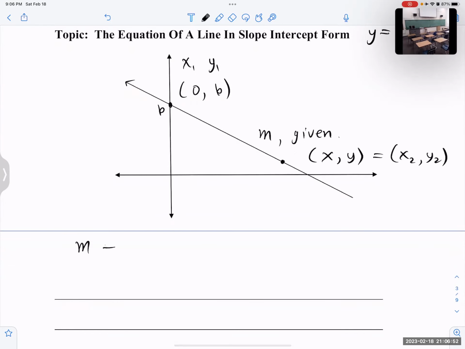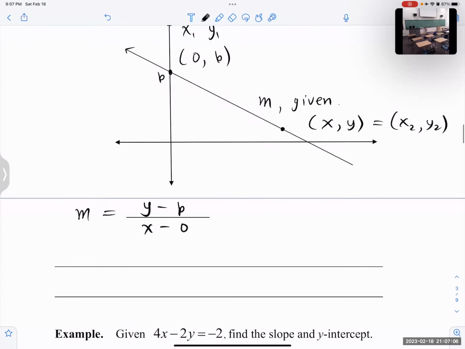So slope is y2 minus y1, so that'll be variable y minus b divided by variable x minus 0. And that simplifies to slope equals y minus b divided by x.